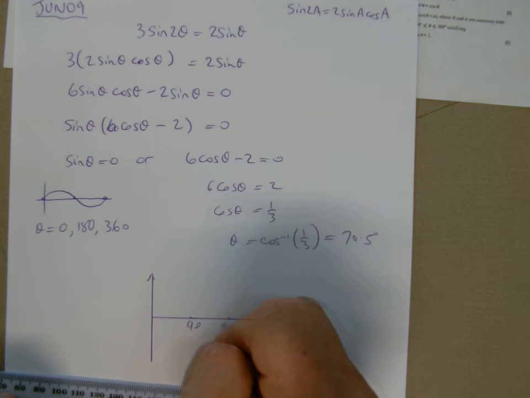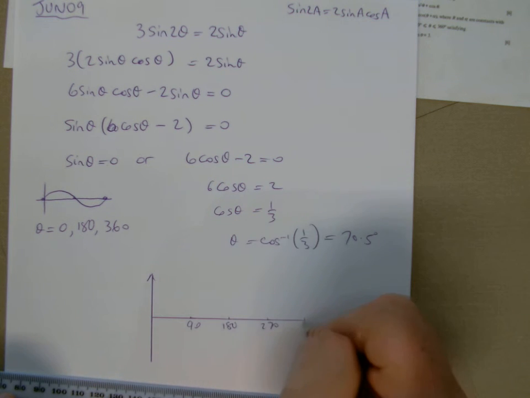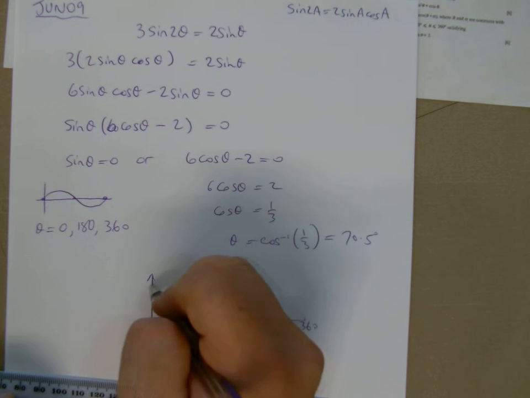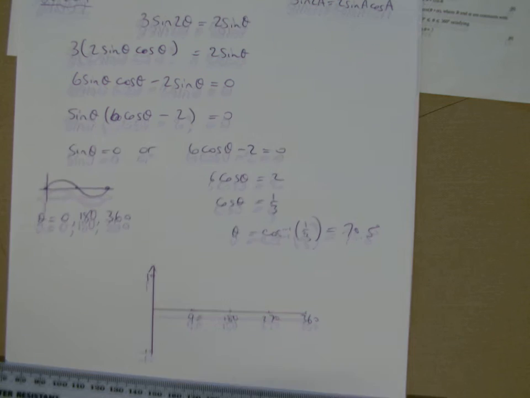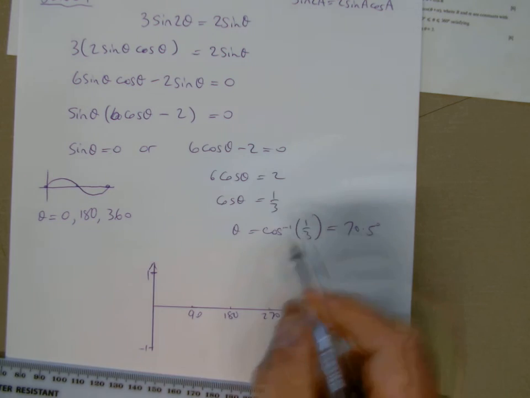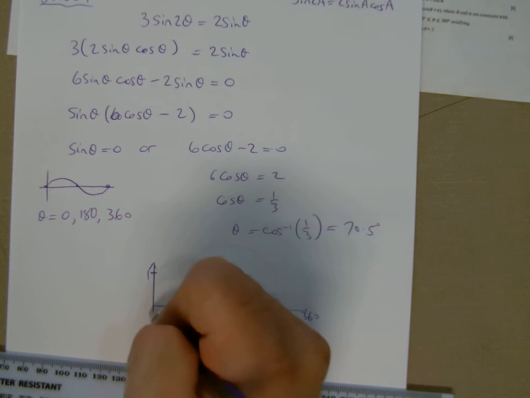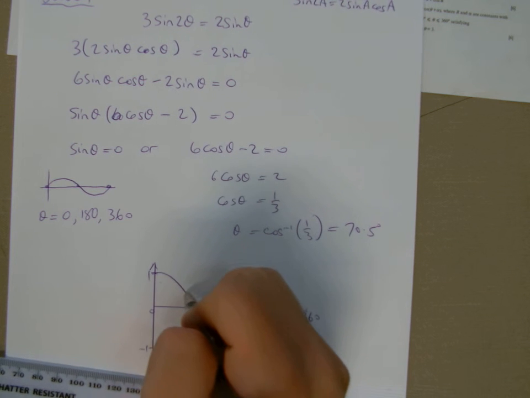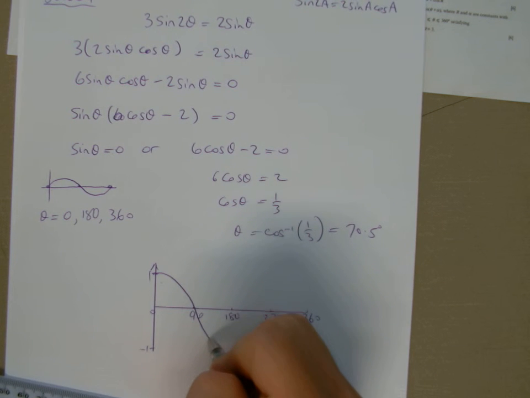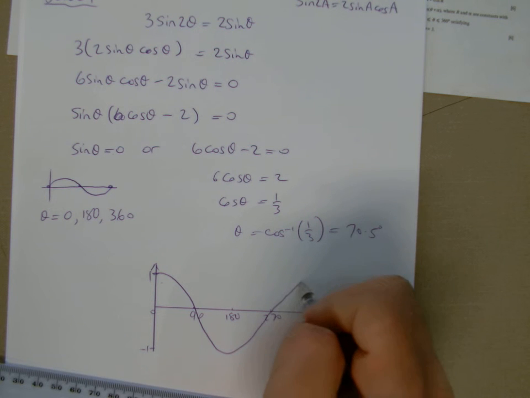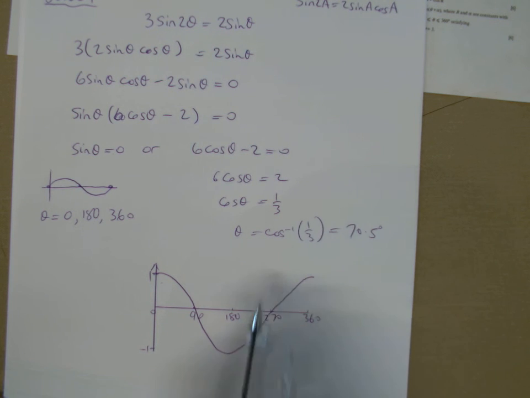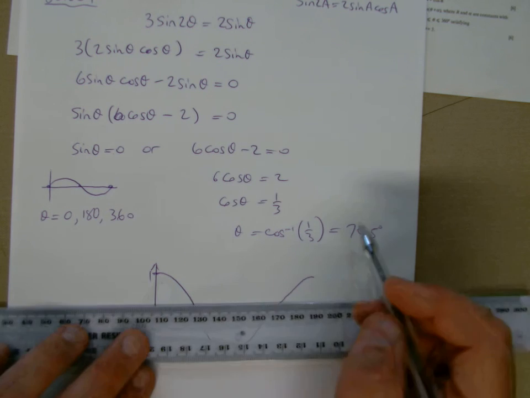So 90, 180, 270, 360, and 1 and minus 1 here. Cos 0 is 1, cos 90 is 0, cos 180 is minus 1, cos 270 is 0, cos 360 is 1. And then when it's equal to a third, it's about there.